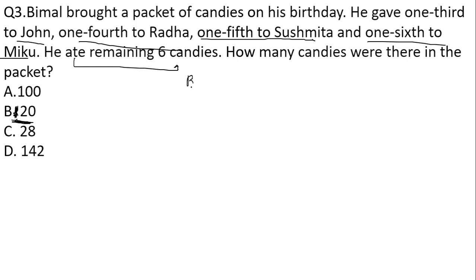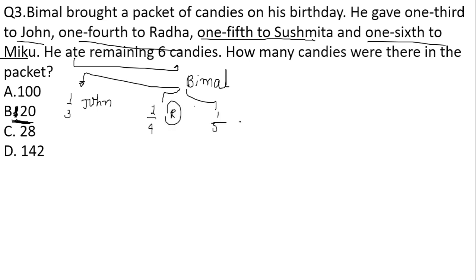So the question is, Bimal is having certain candies. We don't know what amount of candies he is having. Now he started distributing the candies, of which 1/3 he gave to John, 1/4 he gave to Radha, 1/5 he gave to Sushmita, and 1/6 he gave to Miku.